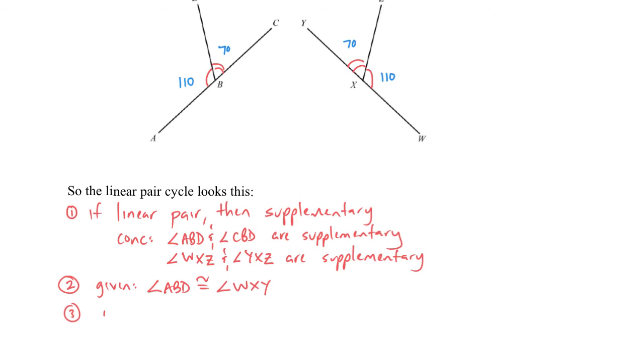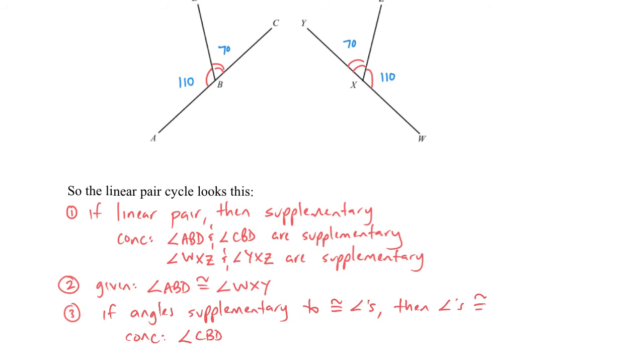If angles supplementary to congruent angles, then those angles are congruent. So our conclusion here, which is what we're trying to get: now we can say that angle CBD is congruent to angle YXZ.